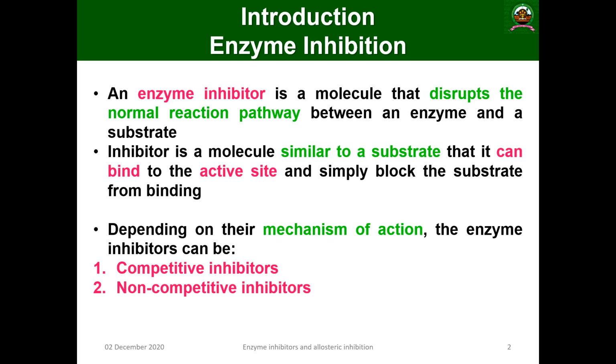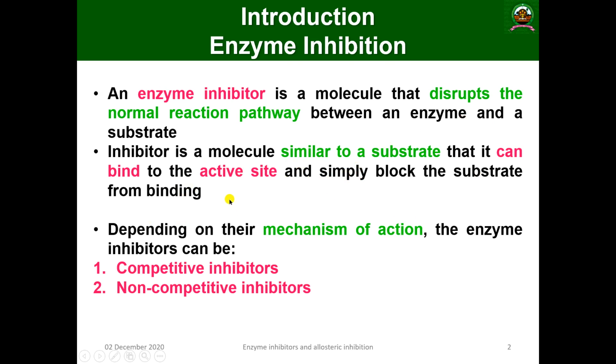And an inhibitor is a molecule similar to a substrate that can bind to an active site and simply block the substrate from binding. That is what we mean by an inhibitor. An inhibitor is a molecule similar to the substrate, and it can bind to the active site, blocking the substrate from binding.